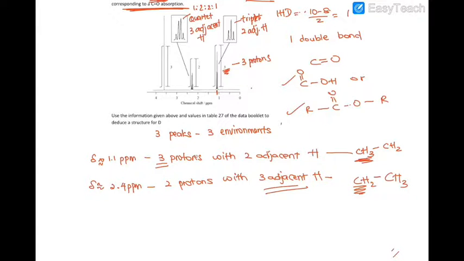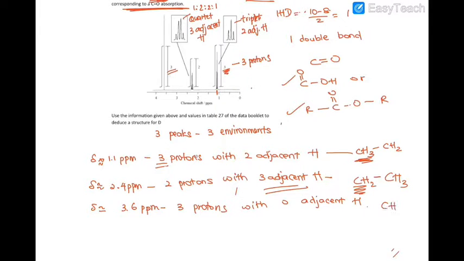So 3 adjacent hydrogens. And we have one peak around 3.6 ppm. This has an intensity of 3, so there are 3 protons, and it's a singlet, so therefore it has no adjacent protons.